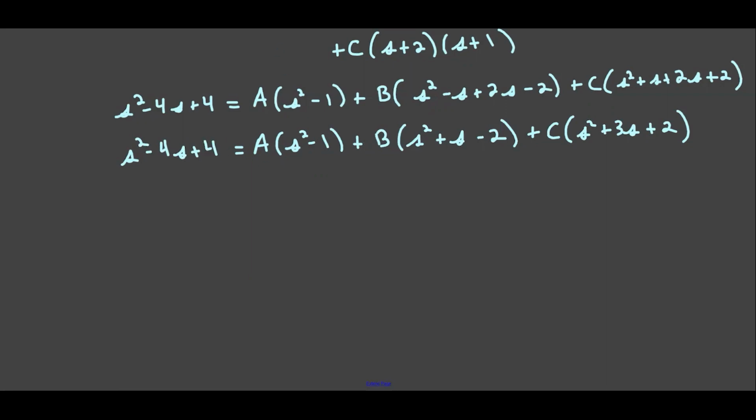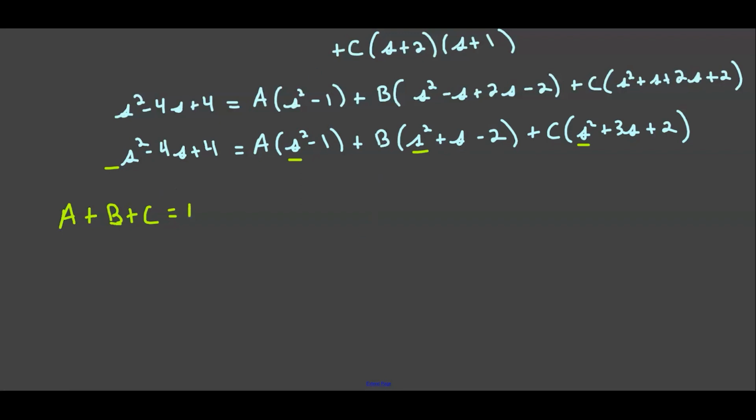So all the coefficients of s squared, they have to add up to be 1, right, in front of this s squared. So what do I got? I've got a plus b plus c, that's got to equal 1, right? If I multiply this a, b, and c inside these parentheses.